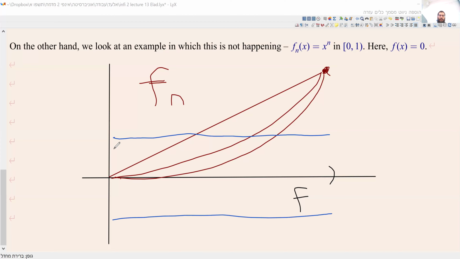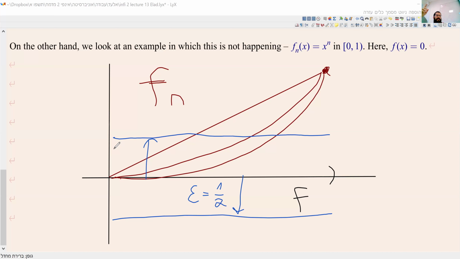Now, if you look at f, it's only the x-axis, and you surround f with an epsilon strip with width, let's say, half. Epsilon is half. At some point, every function just bursts out of the epsilon strip.